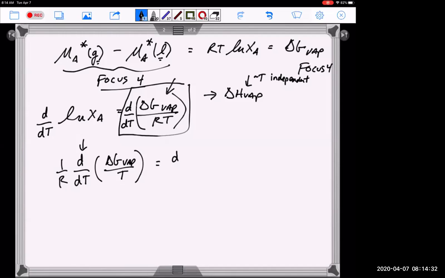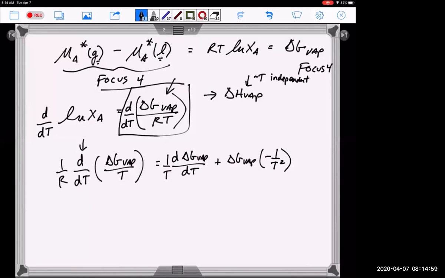So that means we have a d delta G vaporization dT times 1 over T plus delta G of vaporization times minus 1 over T squared. So we get two terms, and this is really what we worked with in focus 4.